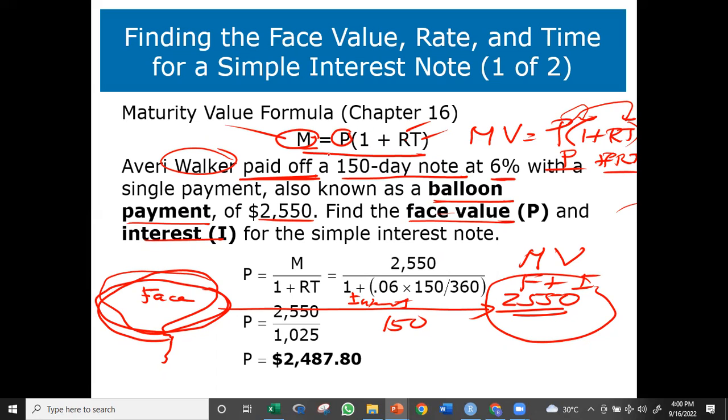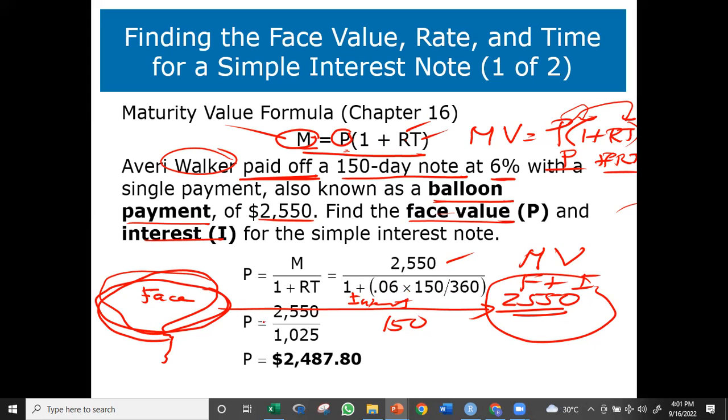Therefore, we can compute for the principal or the face value. Based on this formula, the principal is equal to M divided by 1 plus RT. Substituting, we have the maturity value 2550 divided by 1 plus the rate, 0.06, times 150 days divided by 360. We convert into years.